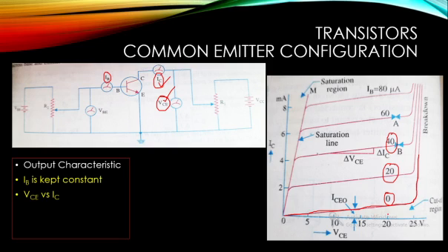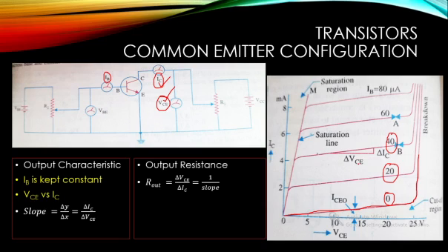The first thing is that if you measure the slope here, Y versus X, that is delta IC versus delta VC, from which we can write down the output resistance. Any resistance is written as voltage by current.